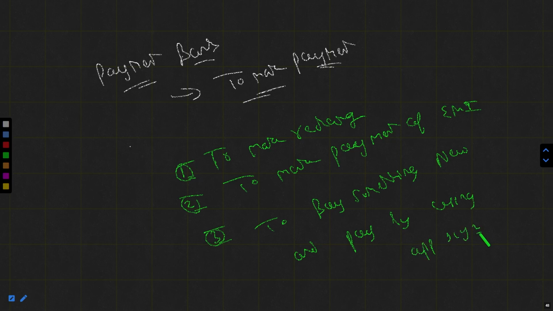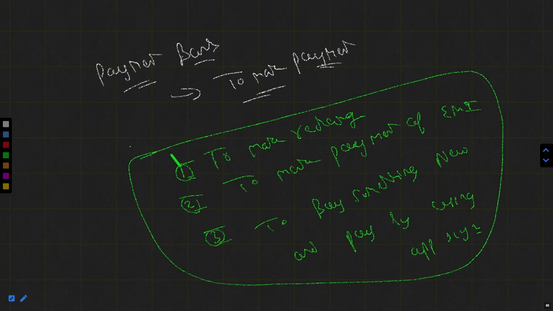You have often noticed these things whenever you are using a mobile. These come from payment banks, which specialize in making payments only. The recharge, the EMI, buying something new, you are making the payments. You generally get offers of cashback and credit. These are examples of payment banks.